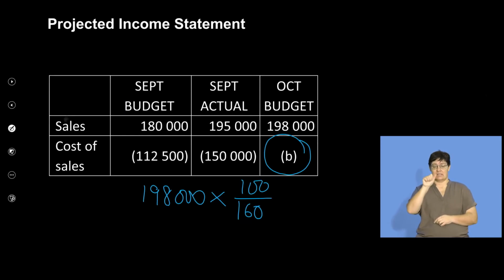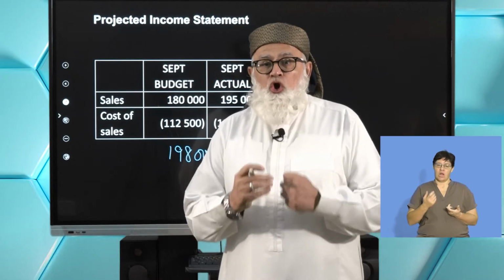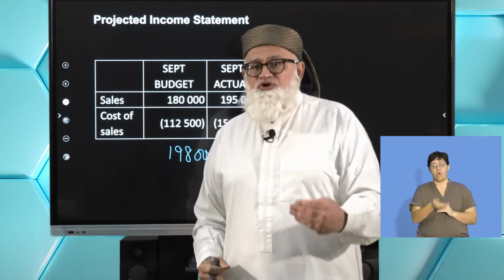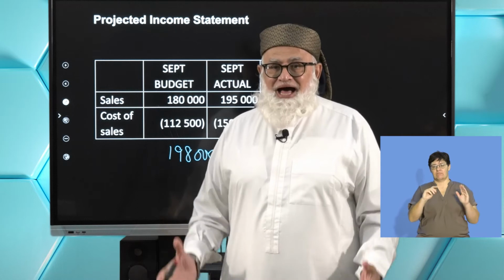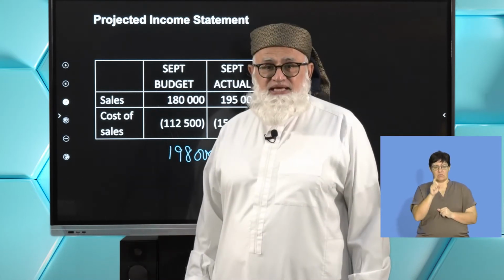You remember the calculation once again? There we go. Your cost price is what you want, so you put it on top over your selling price. This is just a technique that you can use when you are calculating your cost of sales. Once again, cost price over your selling price times 100 over, times your actual selling price, in this case, 198,000.